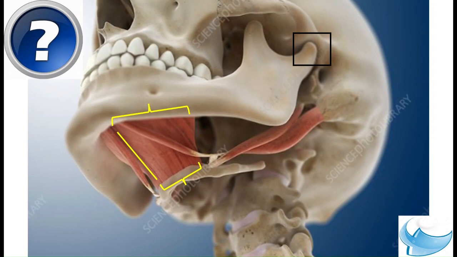The nerve supply of this muscle is coming from the inferior alveolar nerve, a branch of the mandibular of the trigeminal nerve.